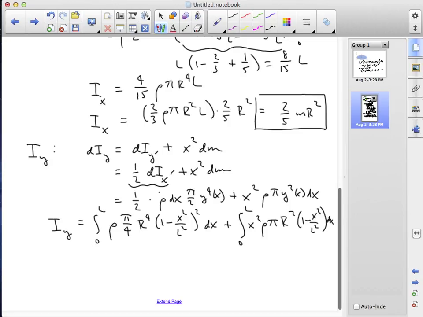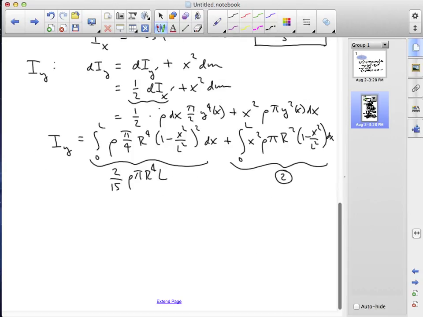Now we actually already know what this is going to look like. This is just going to be 1/2 the value that we had for Ix, so I'll just write down that this is 2/15 rho pi r4 L, and we'll concentrate on just the second term here.